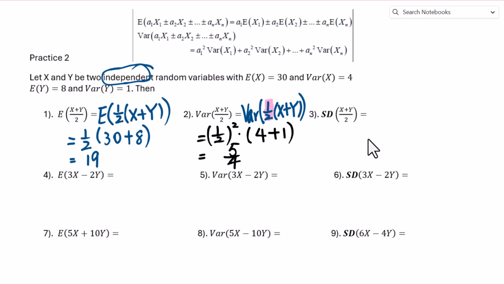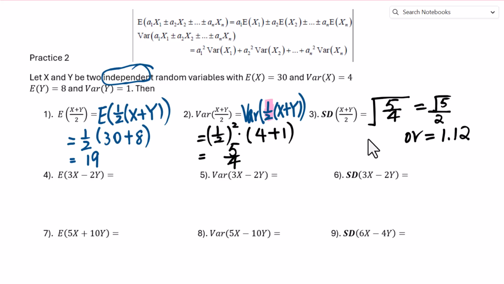For question 3, standard deviation of X plus Y over 2 equals square root 5 over 4, which is the square root of 5 over 2. We can change this into 3 sig figs, which equals 1.12.